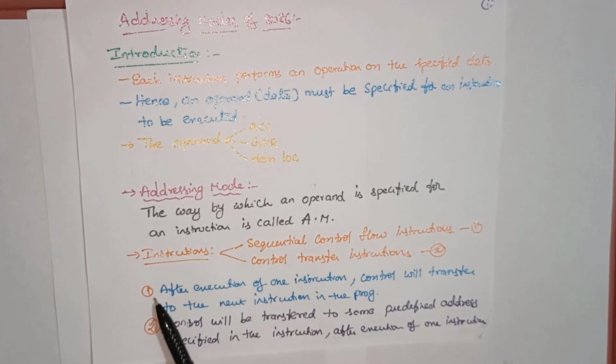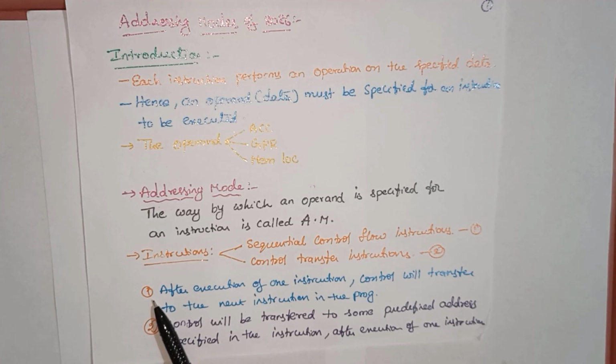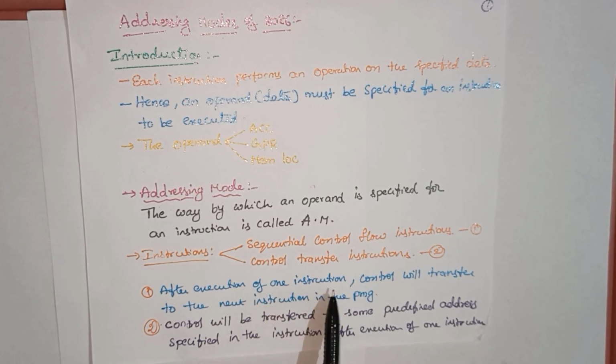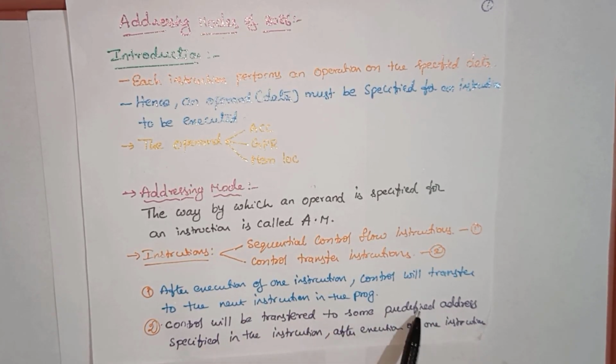In sequential control flow instructions, control will transfer to the next instruction in the program after execution of the current instruction. In second case, control will be transferred to some predefined or specified address in the instruction after execution of the current instruction. So based on this concept, the addressing modes are available.